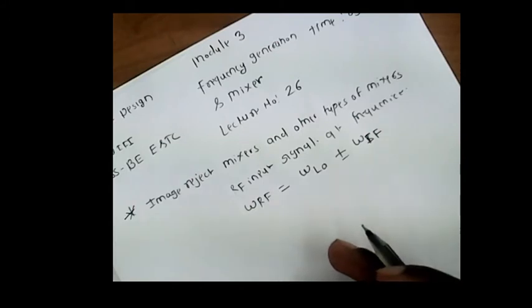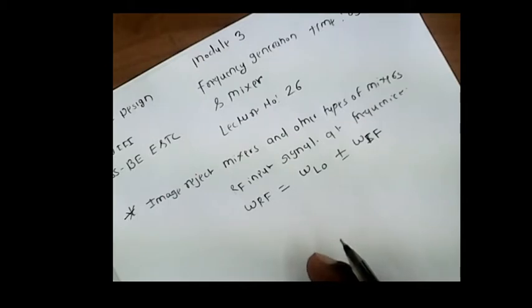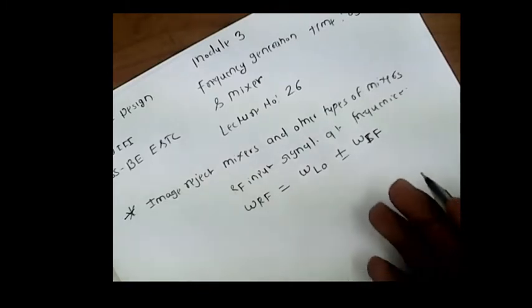The two frequencies are the upper sideband and the lower sideband of a double sideband signal. So the desired response can be arbitrarily selected, either LSB or USB. Two sidebands will be generated.